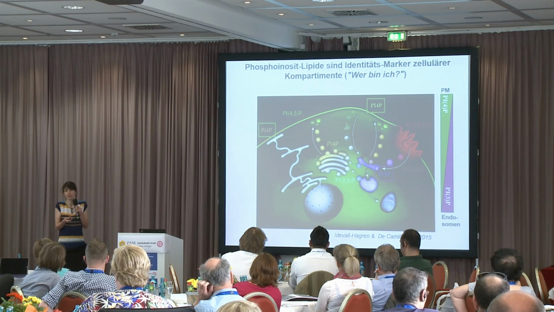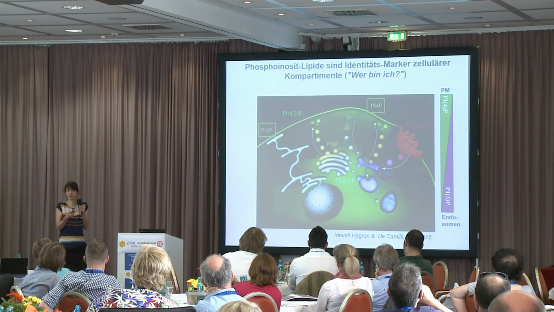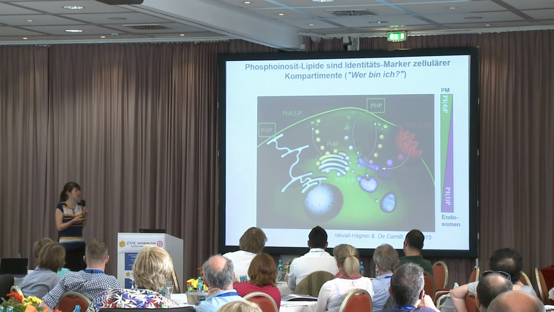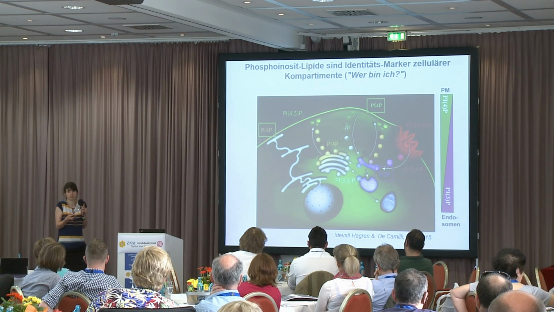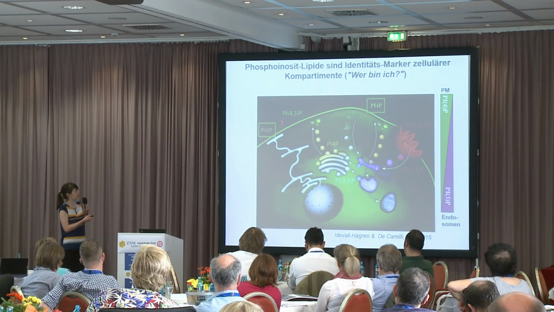For example, if I want to change clothes going from one room to the other, I adapt my identity to a new social setting. For example, if I go to work, if I go to sports. And we have to imagine it the same way within the cell. The compartments, if they want to be transported, have to change identity.